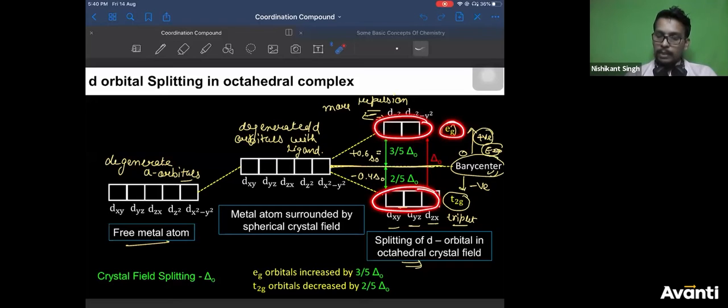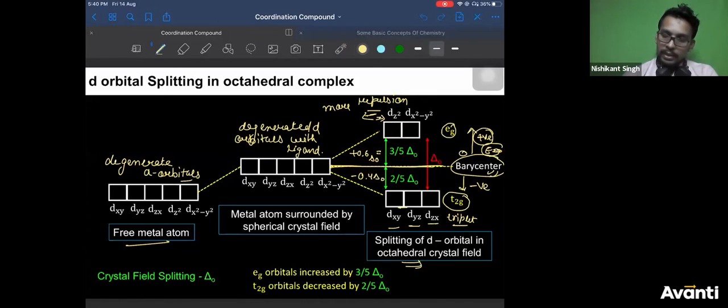These three orbitals are given the name T2G set of orbitals. If you fill any electron in the EG set, energy increases by how much? 0.6 delta O.